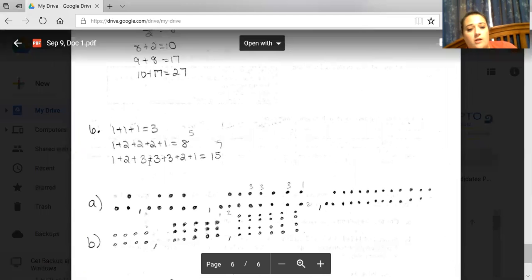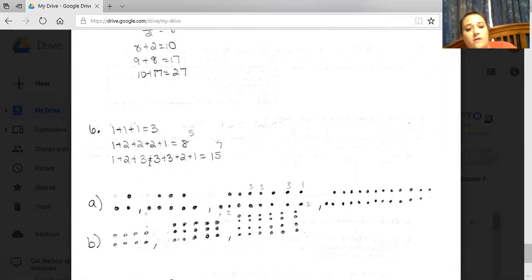So I determined by trying to find a pattern in these, I saw that each time they were adding the second consecutive number, or the number of this sequence. So 1, they were adding it 3 times. 2, they added it 3 times. 3, they added it 3 times.